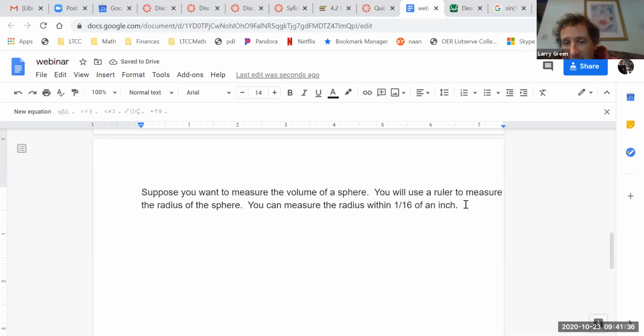Any questions on that? Okay, and that might be true. Rulers have 1/16, and as long as your eyes are good enough, you should be able to do that. So here's the question. If the radius, let's go, if your measurement is, so you're going to measure a ball.